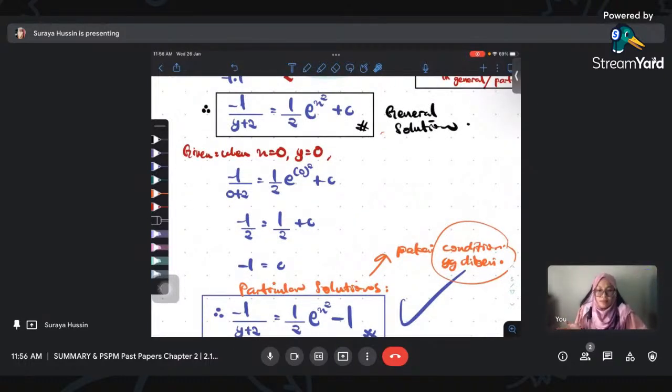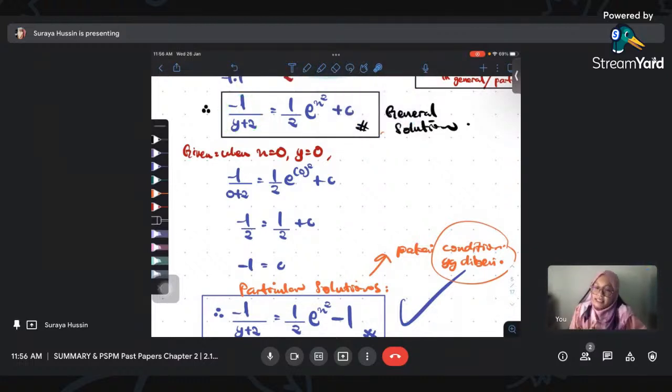Miss, sometimes Miss perlu ke jadikan Y ni sebagai subjek? Kalau macam ni Miss buat ni dah, ini bukan Y sebagai subjek. Ini memang 1/Y. Boleh ke Miss tulis jawapan dalam bentuk begini? Boleh, tak ada masalah. Sometimes it's very difficult untuk jadikan Y sebagai subjek, lagi-lagi reciprocal ni.